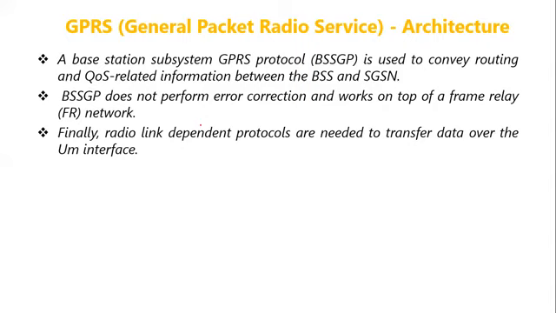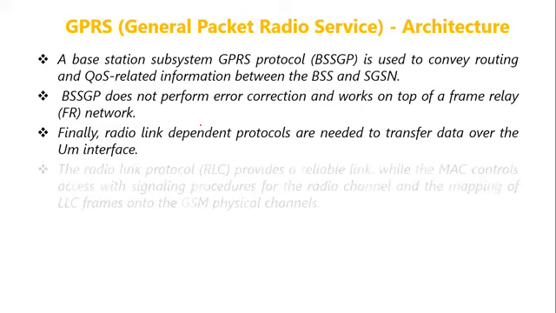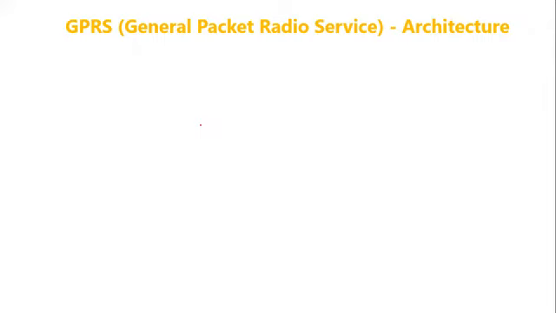This protocol BSSGP does not perform error correction, and it works on top of the frame relay network, which is called FR.